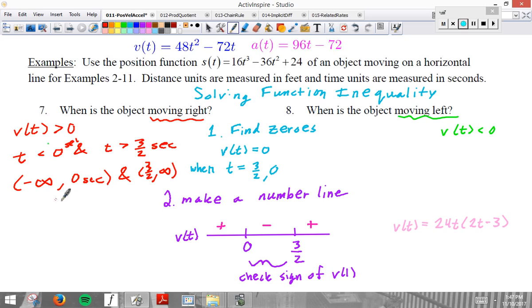A lot of students get troubled by having negative time. I want to emphasize negative time simply refers to time before the experiment started. This does not make sense in some cases. If I were to walk up to the Grand Canyon and throw a ball in the air and watch it fall, it would not make sense to ask me what the velocity of the ball was prior to me throwing it, because that was a very different function.